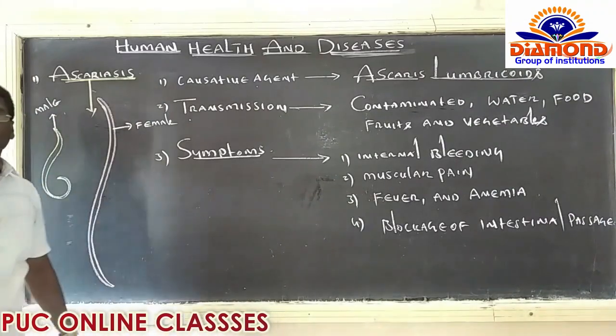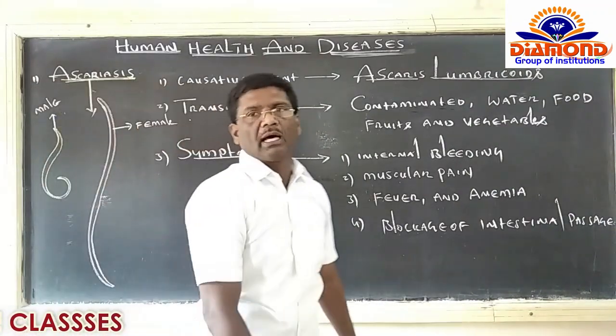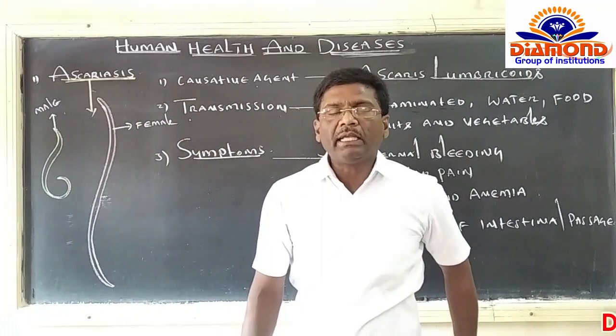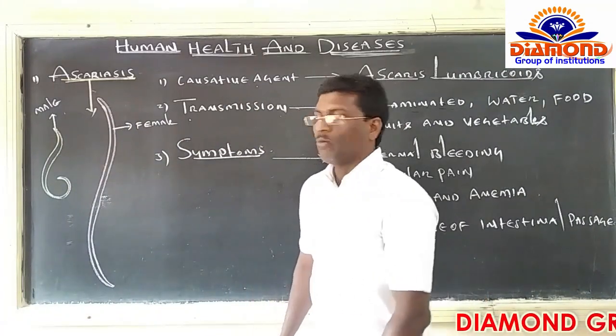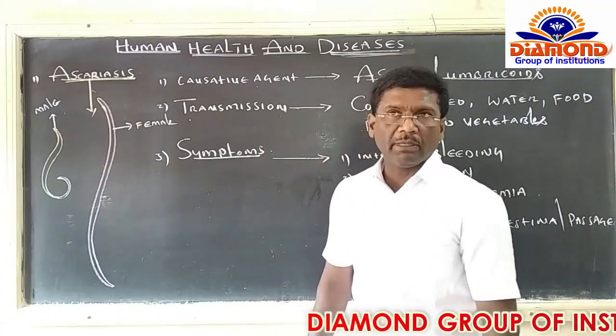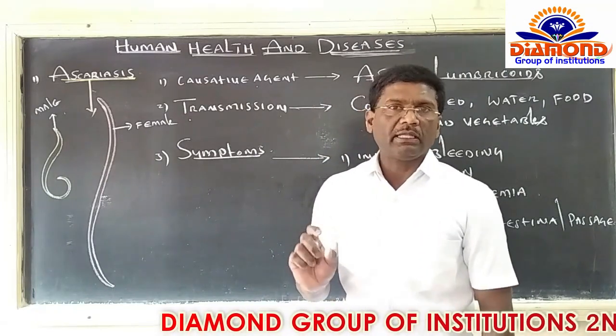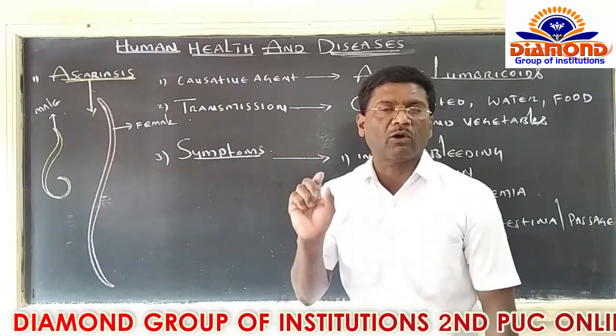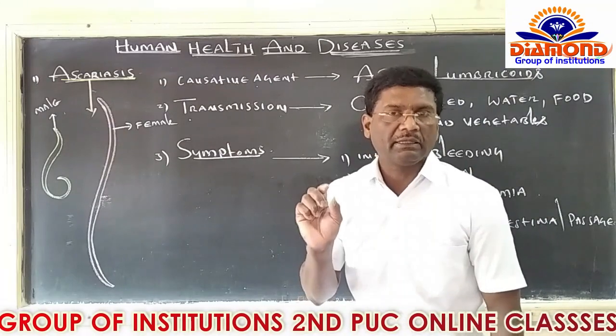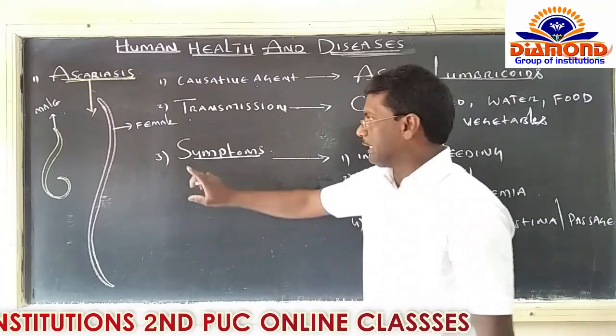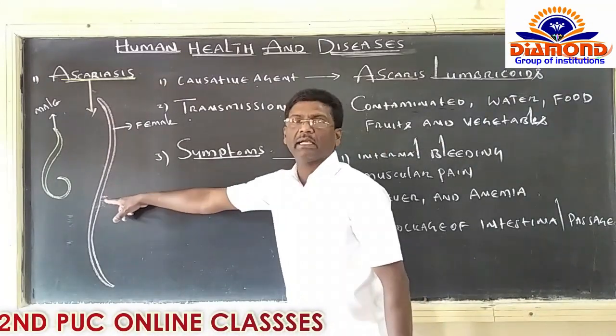These two organisms belong to Nematoda. Nematoda means the phylum Nematohelminthes. In the entire animal kingdom, the roundworms are joined in Nematoda or Nematohelminthes.